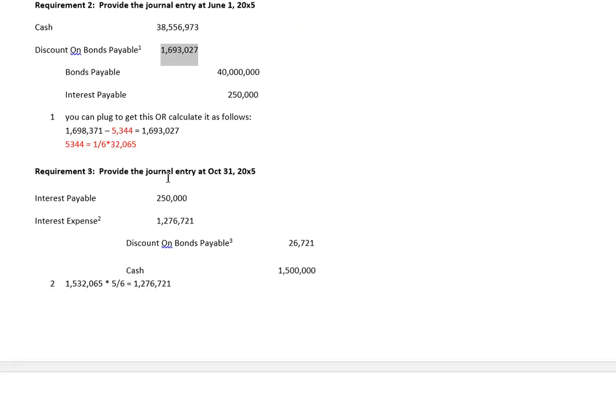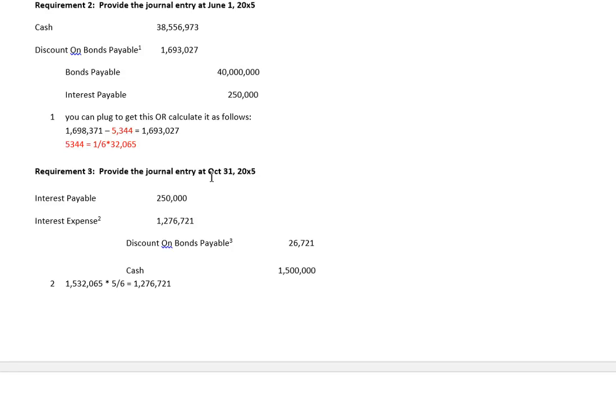Subsequent to that, when we made a journal entry on October the 31st to pay out interest, at the time we paid out the interest and we recorded discount that we amortized on all of those bonds, because don't forget, we also had to book interest expense because there was interest expense from June the 1st to October 31st, right?